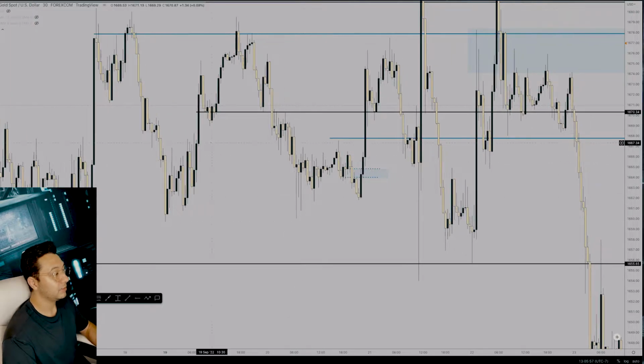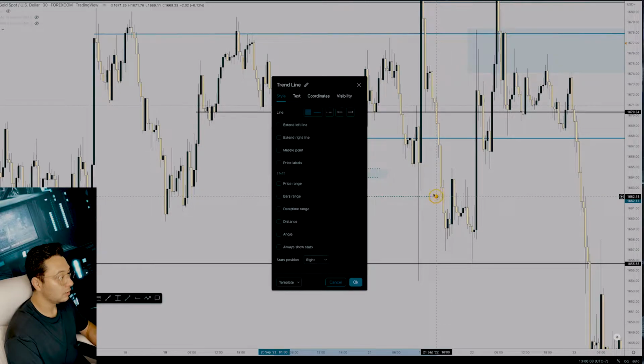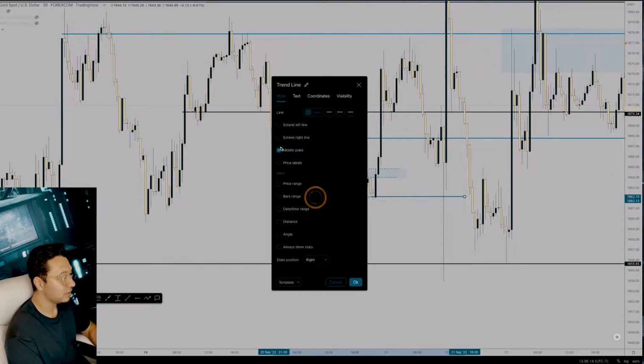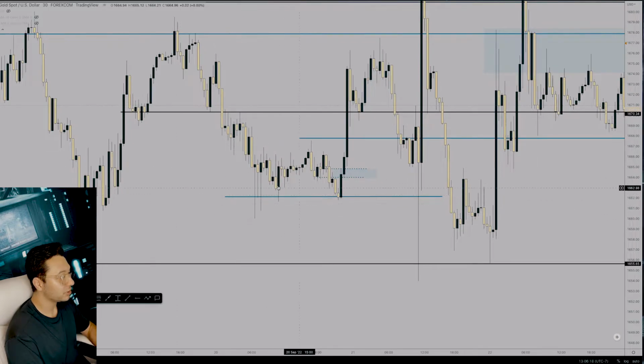Why is that? Let's explain a few things. This little area was an area of support. Oh, sorry, let me fix that. I have no idea what I just selected. Okay. And a lot of wick rejections here.